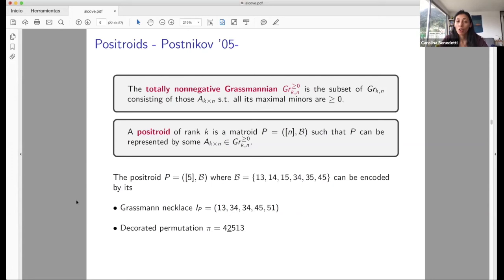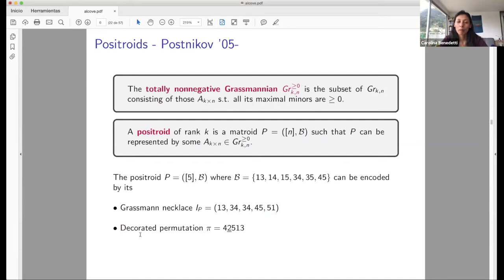And also you can encode your positroid by what is known as a decorated permutation. These are permutations on 5 elements. In this example, the permutation is on the set 1 up to 5, because my positroid is a positroid on 5 elements.